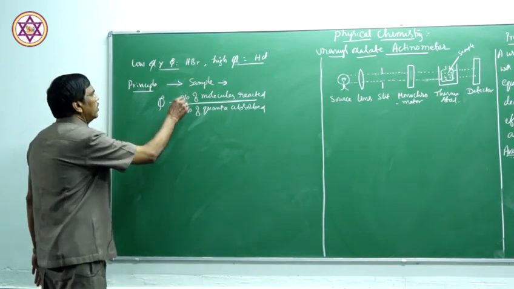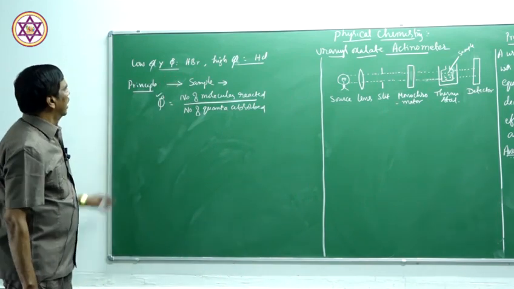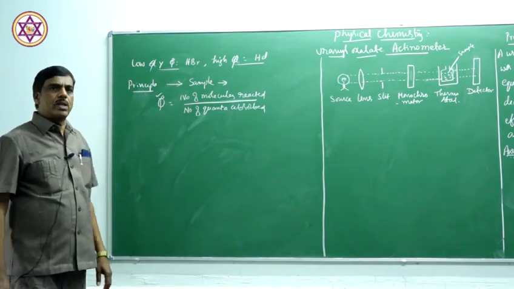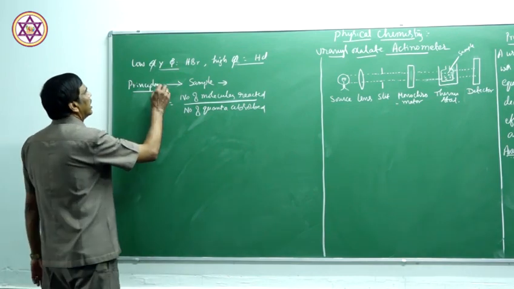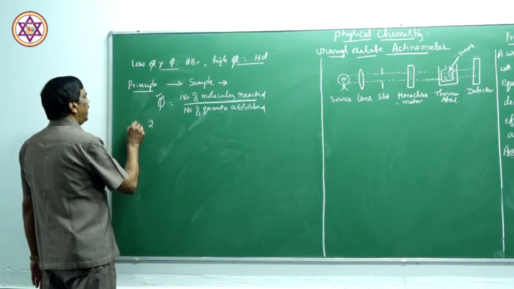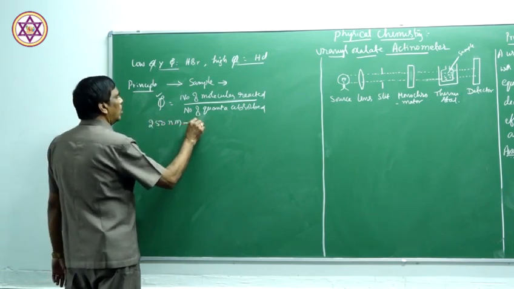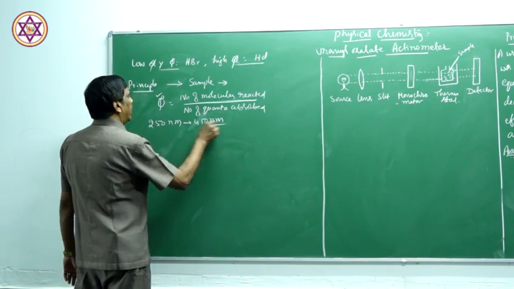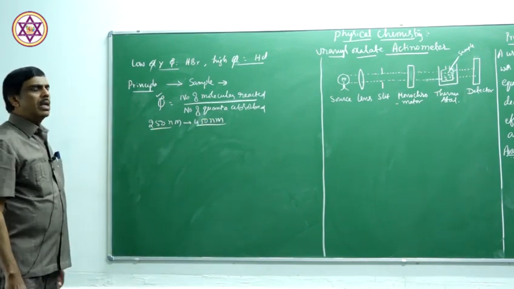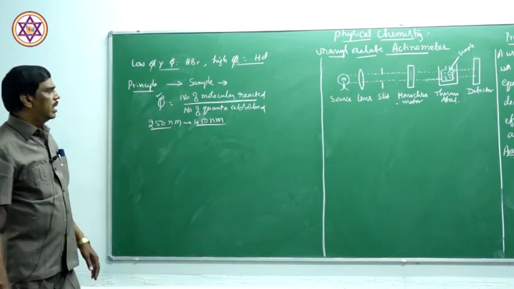By substituting these two, we can find the quantum efficiency of any reaction. Here we use light radiation between 250 nanometers and 450 nanometers.